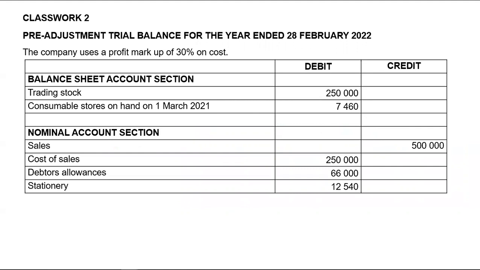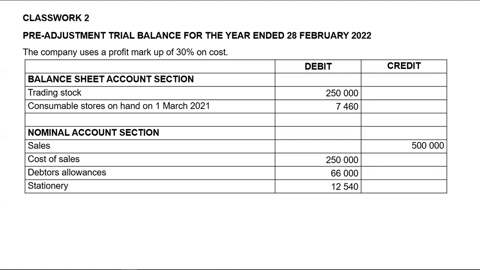Consumable stores on hand on the 1st of March 2021 was 7,460. Under nominal accounts section, they gave you sales, cost of sales, debtors allowances and stationery. All of those, I will take them straight to the statement of profit or loss.